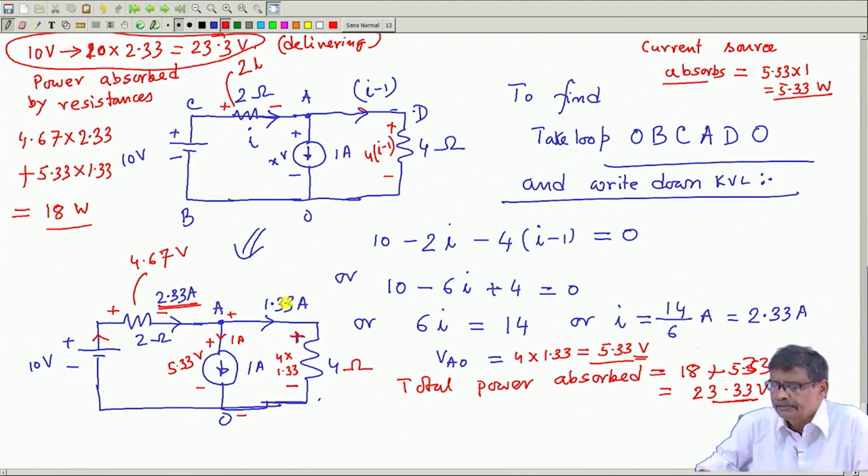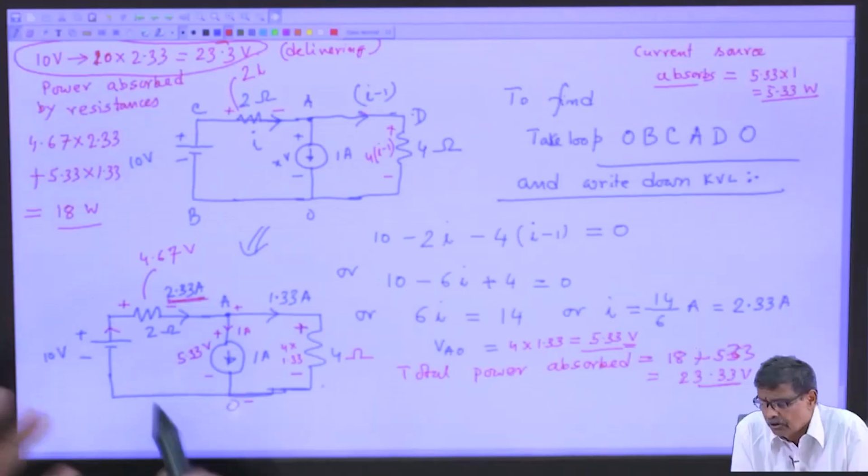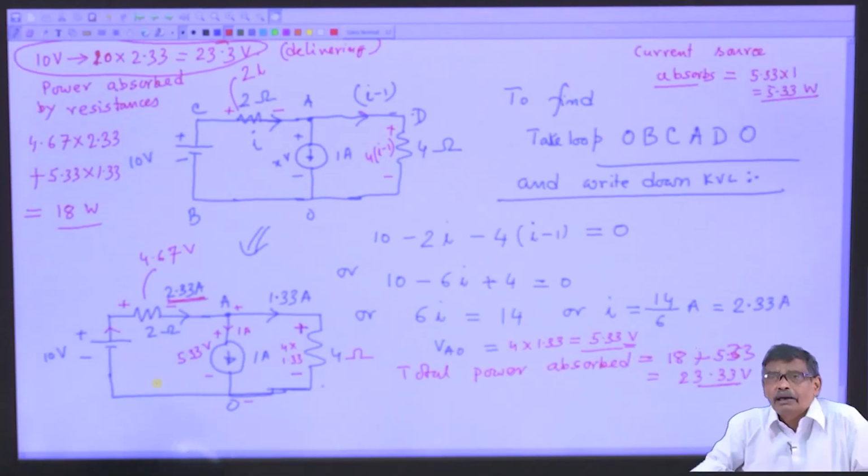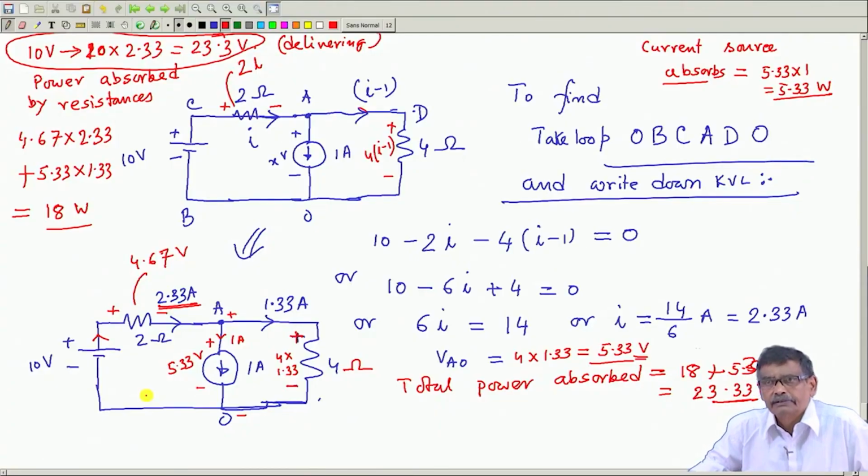So, this exercise is very much educative, and please solve such problems on your own, and always try to verify after you have solved the circuit that KVL is satisfied in the outer loop, and also that power balance exists. If power balance does not exist, you must wonder that something has gone wrong in your calculations.